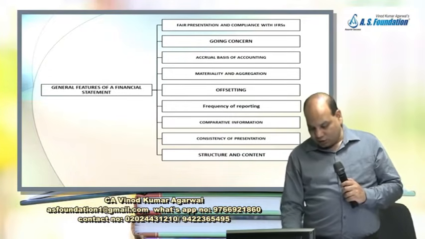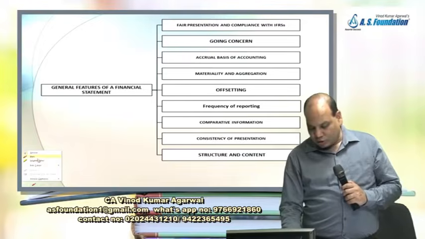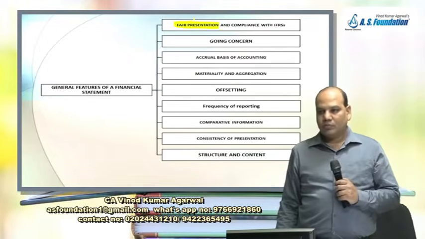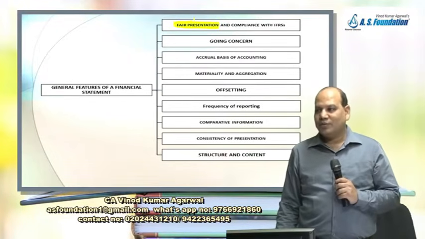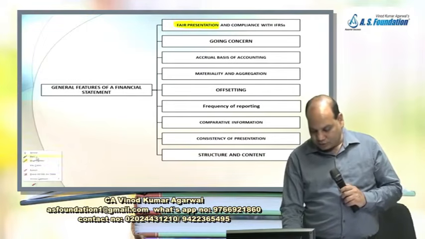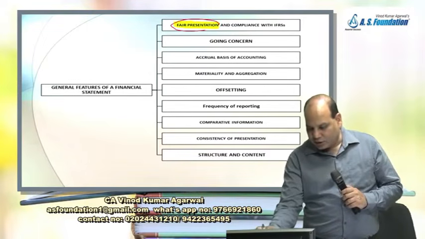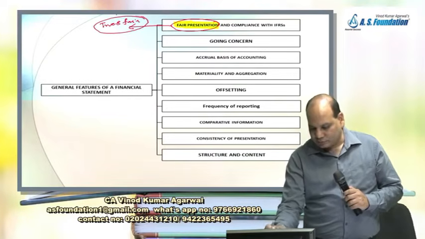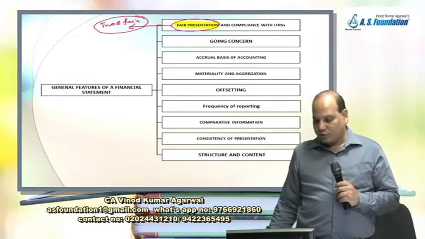IAS or all IFRSs use the term fair presentation instead of true and fair. Is it right? So this is fair presentation, whereas in Ind AS they use the term true and fair. So keep this difference in mind.